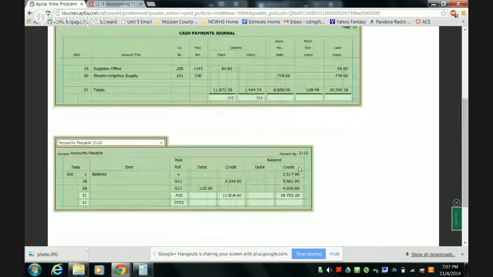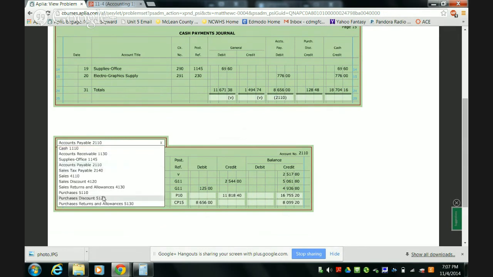I've got an accounts payable debit of $8,656. So I'm going to subtract that from here because this is a normal credit balance and I've got a debit. So I end up with $8,099.20. Post that. Good to go.